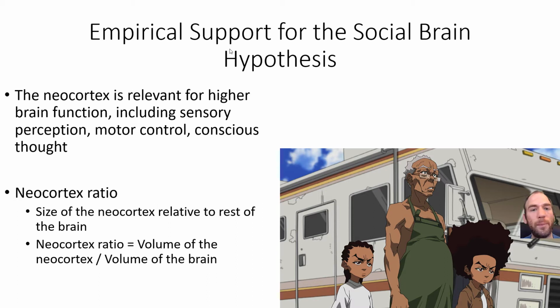I'm not asking you to memorize any formulas, but the idea here is that it's measuring a very important aspect of a human brain relative to the size of the rest of their brain. So it's what percentage of the brain is the neocortex: neocortex divided by total volume of the brain, and then you get a number.